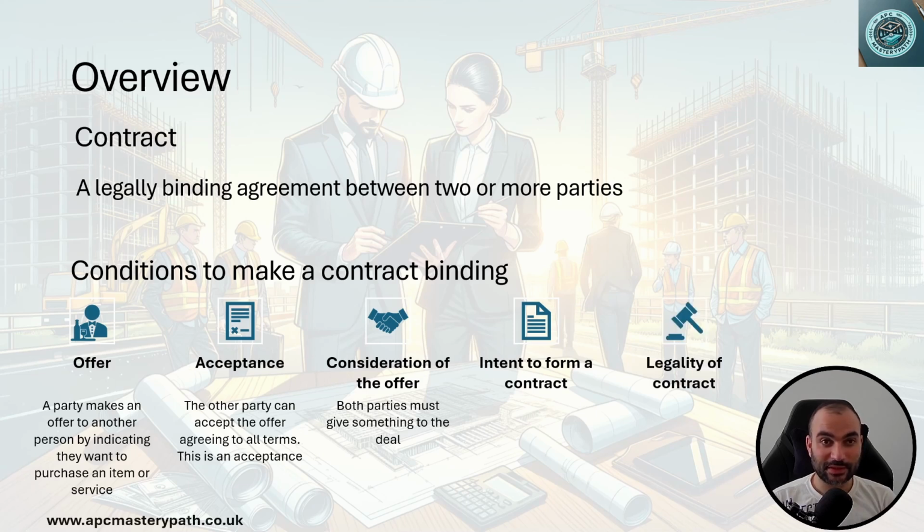The fifth aspect is that the contract has to be legal, which means that the terms and the purpose of that contract must be legal and compliant with existing laws in the country of practice. And finally, the contractual parties must have the capacity to make an agreement, meaning they are legally competent to enter into a contract. Understanding these 6 conditions is crucial for any surveying professional, because contracts are the backbone of our professional interactions and project deliverables.